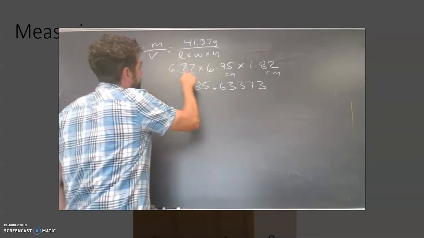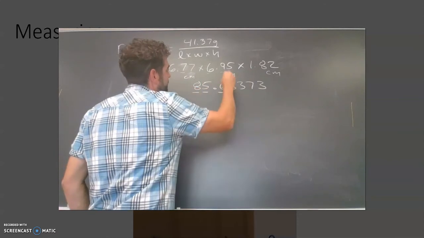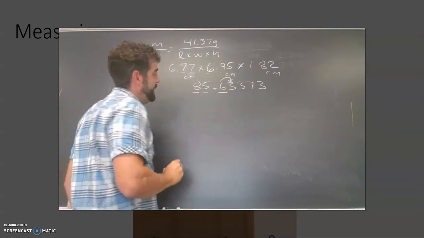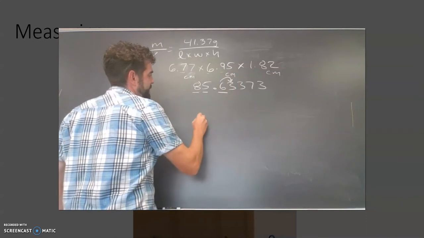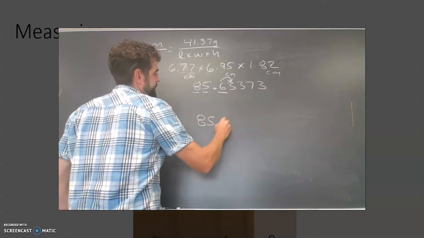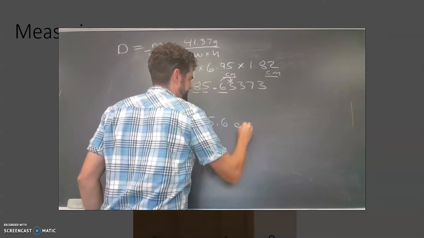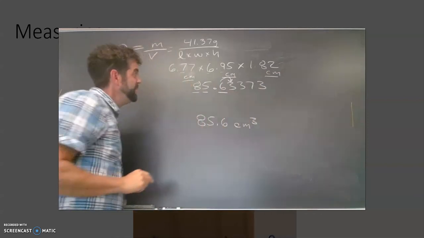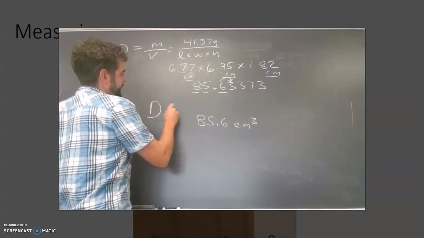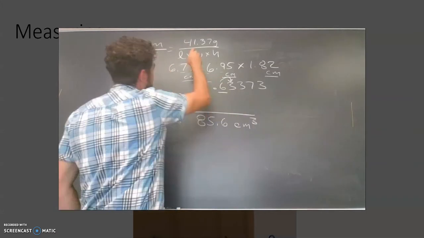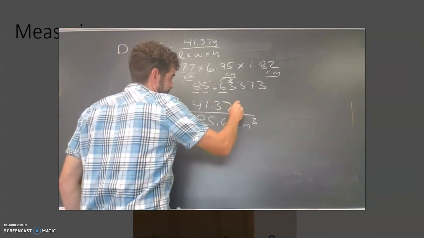Well, again, I look at 3, 3, and 3, so I'd underline 1, 2, 3. I would look at the neighbor, and that neighbor would tell this number to stay. So I get 85.6. And again, centimeters times centimeters times centimeters is centimeters cubed. So now I have my volume. I also have my mass, so let's get back to it and put my mass, 41.37 grams, right here.